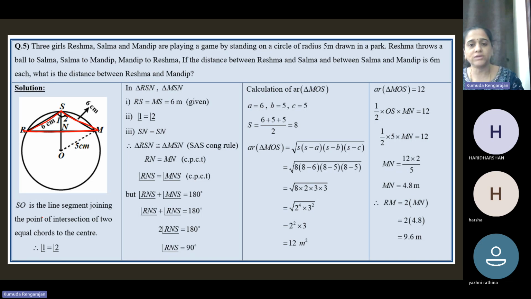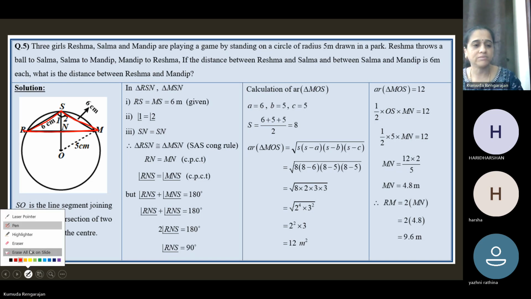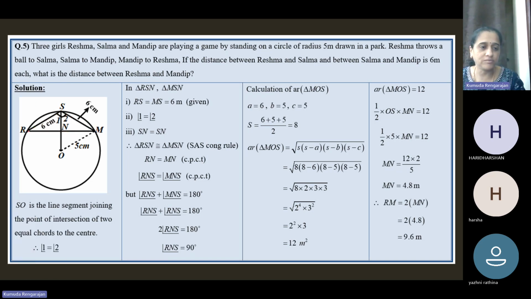So these little girls are playing like this. If the distance between Reshma and Salma, R and S, is 6 meters, it's meters everywhere, children, and the distance between Salma and Mandeep is also 6 meters. What is the distance between Reshma and Mandeep?